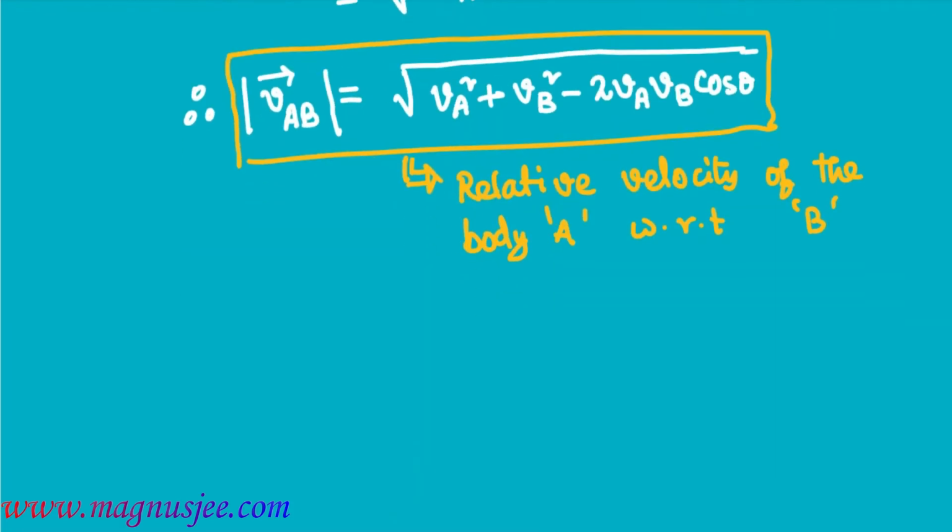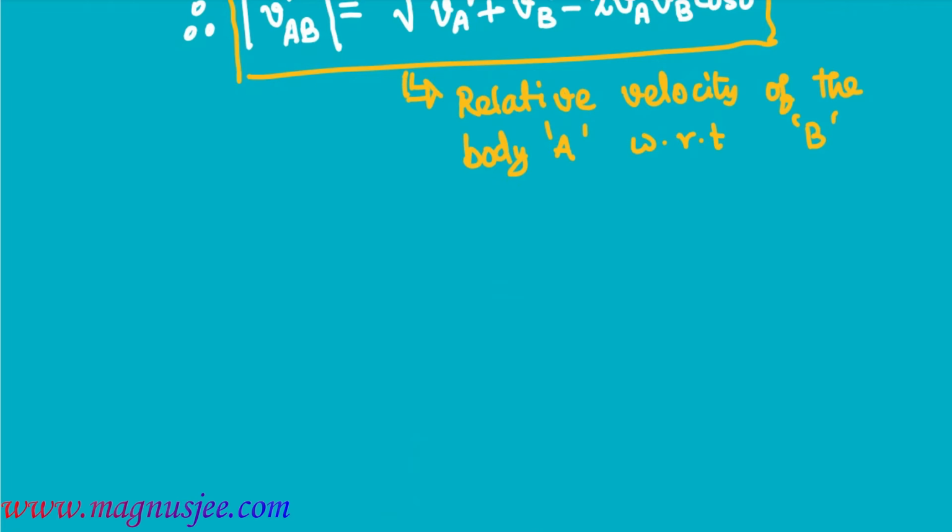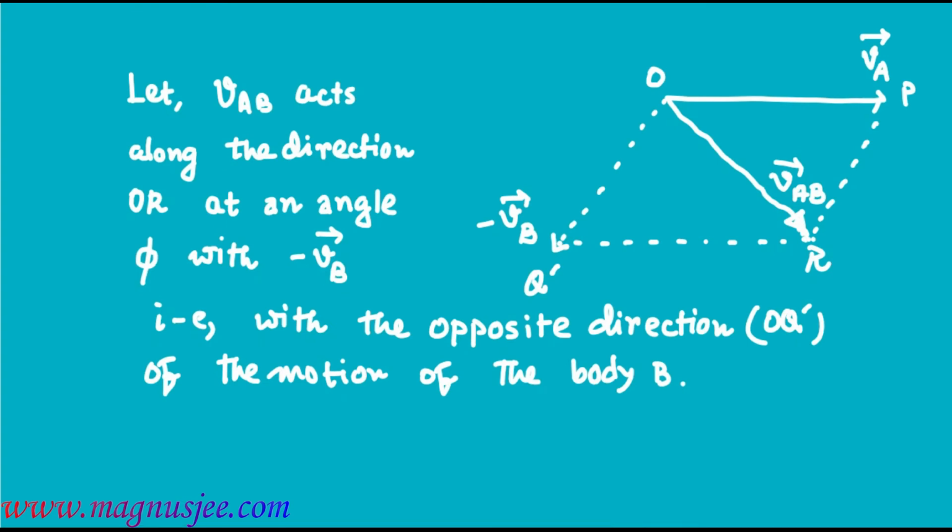Now we can find the direction in which the body A will appear to move with respect to the other body B. We can explain the direction of apparent motion of the body A with respect to B. The angle between vector VA and minus vector VB is 180 degree minus theta, and vector VAB acts at an angle phi with minus vector VB.